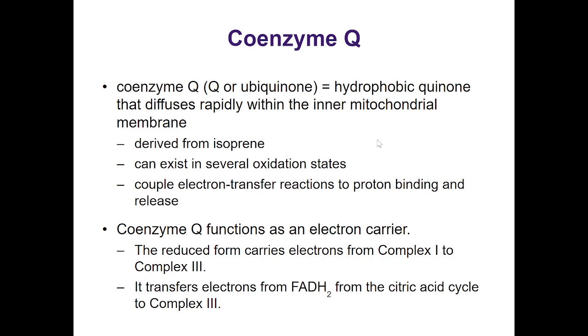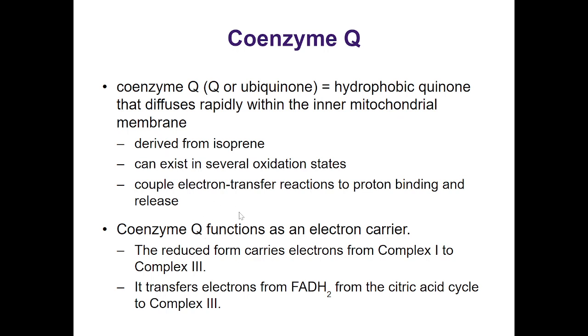So coenzyme Q, standing for ubiquinone, is the hydrophobic quinone that's going to diffuse rapidly within the inner mitochondrial membrane. It's derived from isoprene. This can exist in several different oxidation states. This will couple the electron transfer reactions to the proton binding and release.